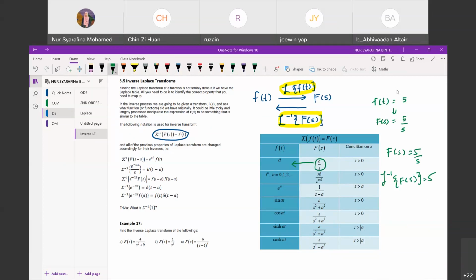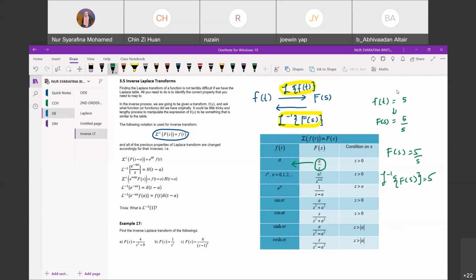But there is no exact formula that we are going to use. Before this, we implemented the definition of transformation in order to transform. But this function is already transformed. So we have to know the original function of that transformed version in order to get the inverse transform.